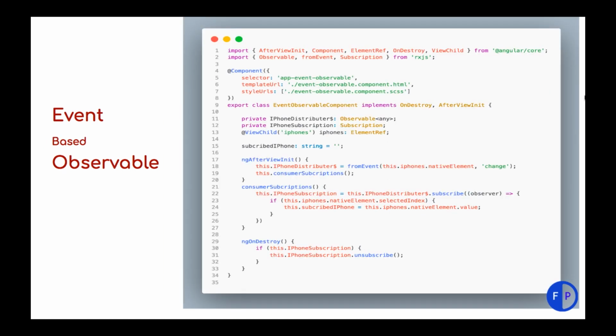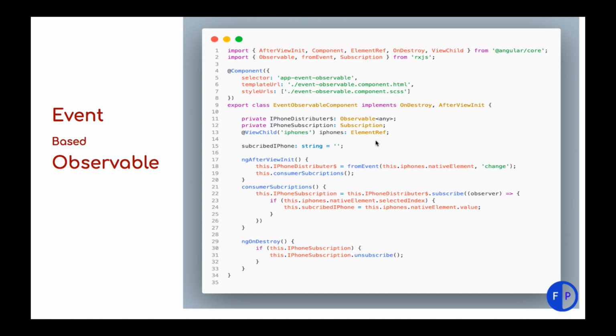Now the next part is the TypeScript file. The code has been written, and you can see that it imports a few things from Angular core and then from RxJS, like Observable, fromEvent and Subscription. Then we have a class decorator, which implements two lifecycle hooks, OnDestroy and AfterViewInit. Then two variables have been declared.